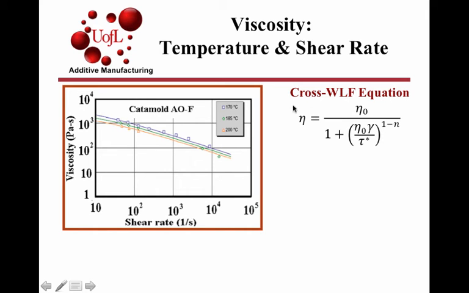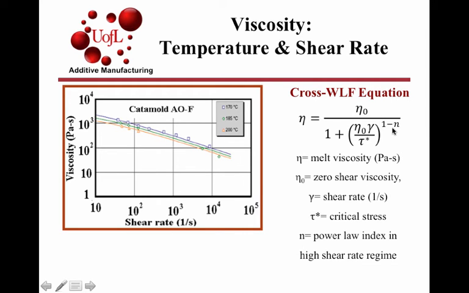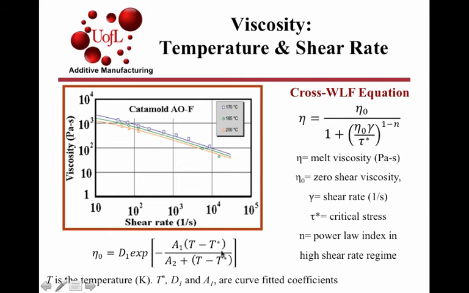The viscosity of a polymer depends upon these different factors, which include the shear rate. n is the power law index. This term, eta naught, also captures the temperature dependence based on the WLF portion of the equation. So there are numerous constants available.